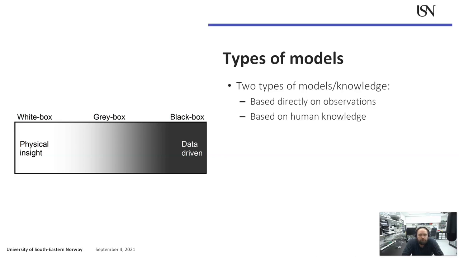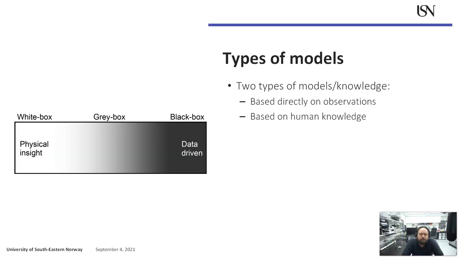For example, you use first principles like a mass balance or an energy balance to describe a system with equations and build up a model based on that.